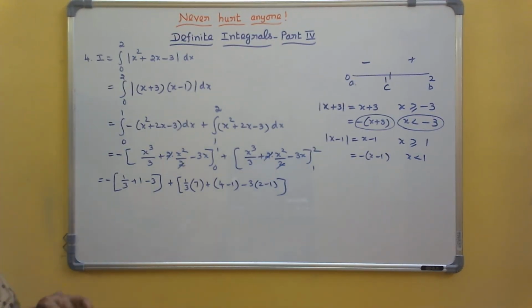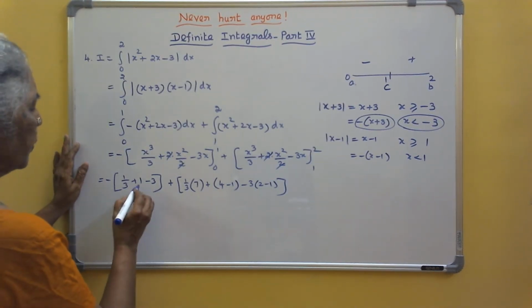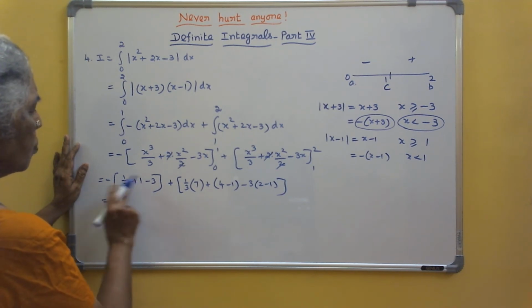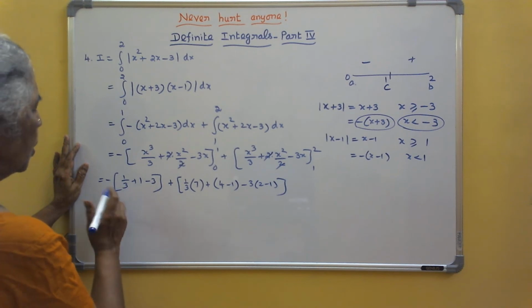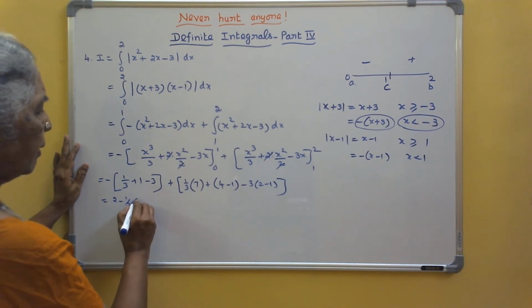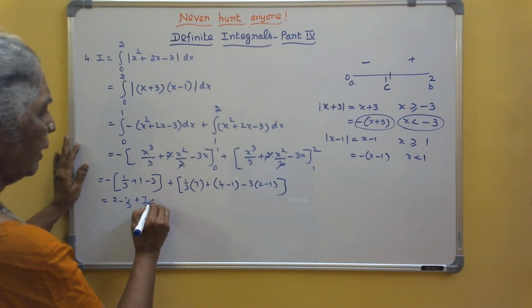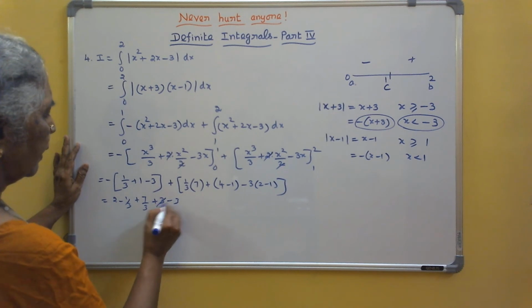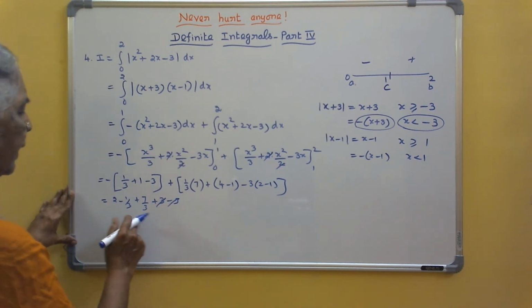Okay. So now let us calculate. What do we get here? Minus is outside. So here you get minus 2. So that will become now 2 minus 1 by 3 here. And here I will get 7 by 3, then plus 3, then here it is minus 3. This and this will go. Now take 3 as the LCM.